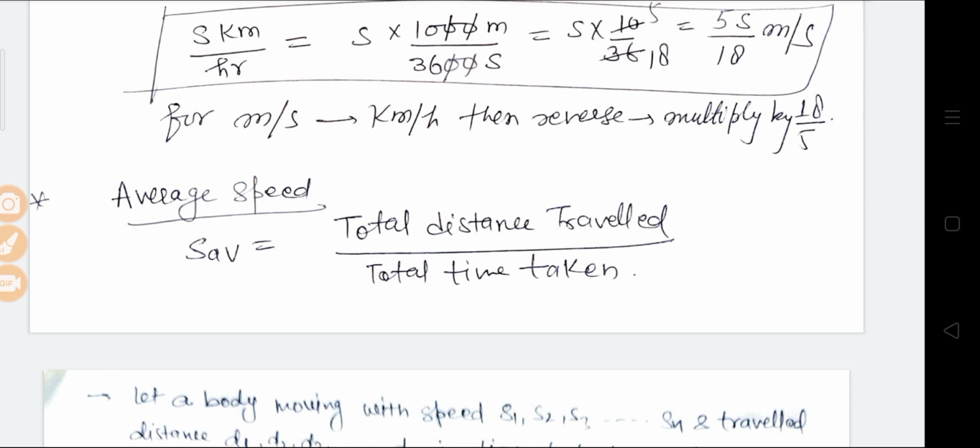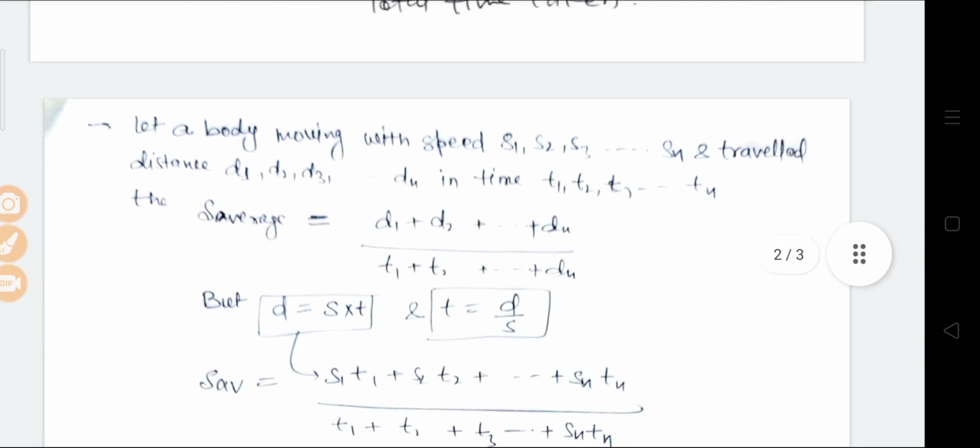Let's assume a body which is a point mass. Actually, when we say any body like a train or bus, we take it as a point mass. We are not going to take the body length, we consider it just like a point and neglect the length of the body.